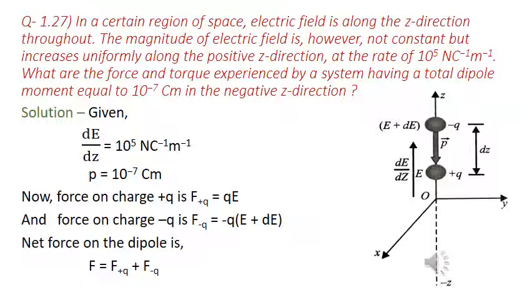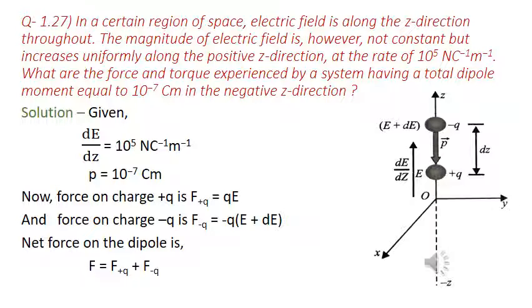In this question, it is given that there is an electric field along z direction and the magnitude of electric field is increasing at the rate of 10 to the power 5 Newton per Coulomb per meter. That is, the electric field is not constant throughout the z-axis.